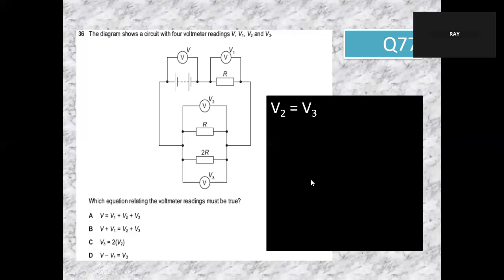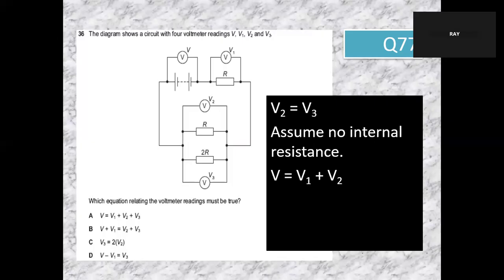Assume no internal resistance. V equals V1 plus V2 or V3. It can be V2 or V3. So V minus V1 equals V2. Okay or not?